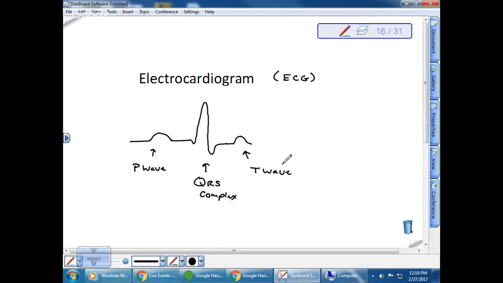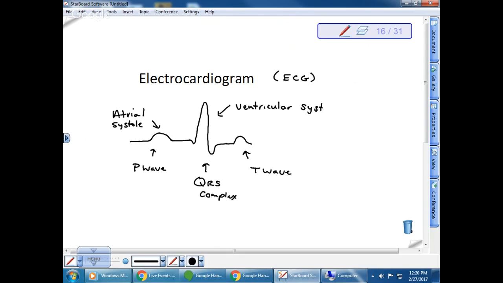So P waves, this is atrial systole, right? So that is where the atria contract. So this would be contraction right here. So that's the P wave. The QRS complex is ventricular systole.